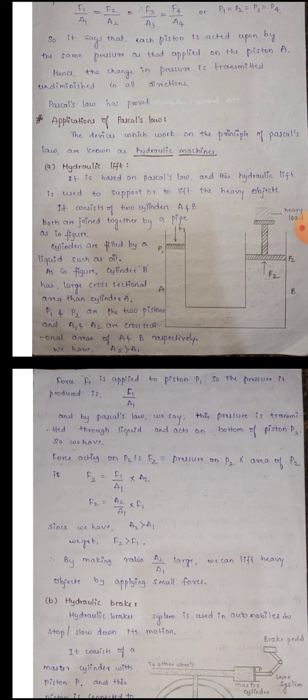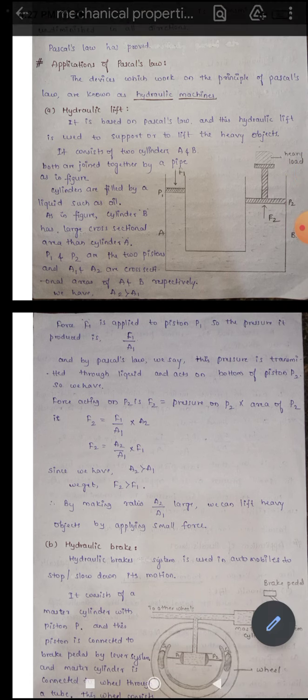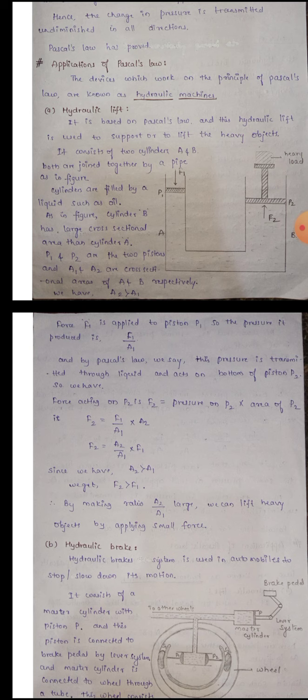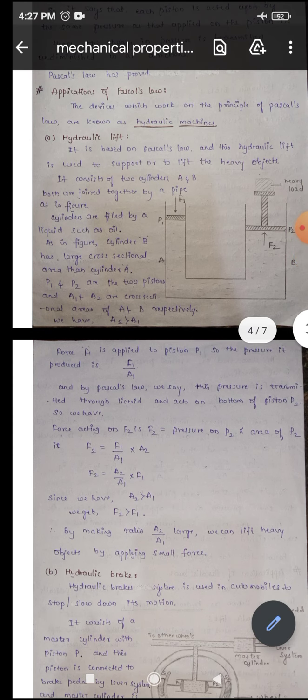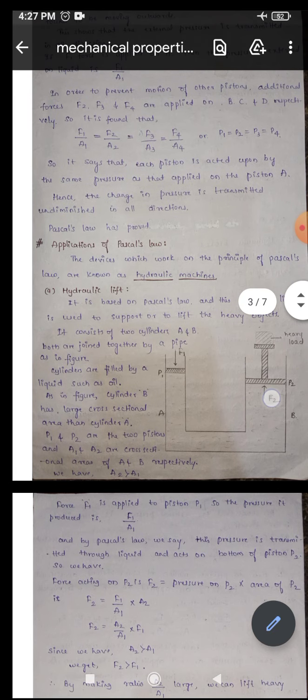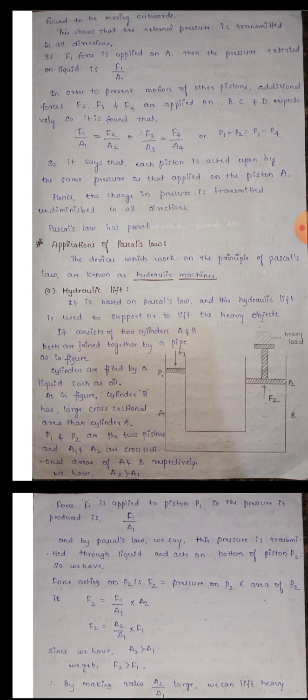because pressure is equal to force divided by area. So force is equal to pressure into area, we can write. And we know that the pressure acting on this P2 is due to P1, right?